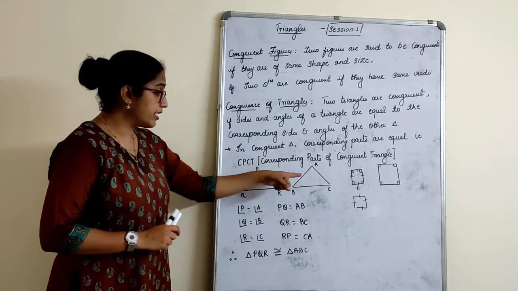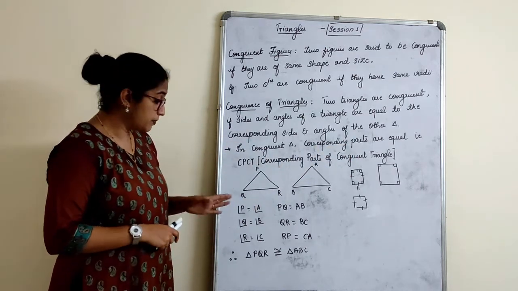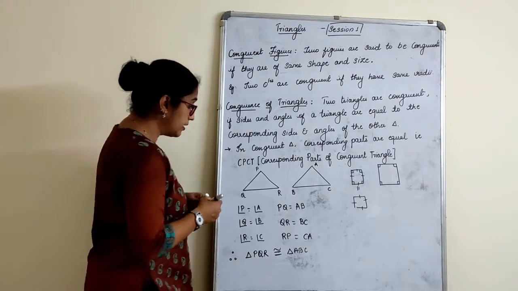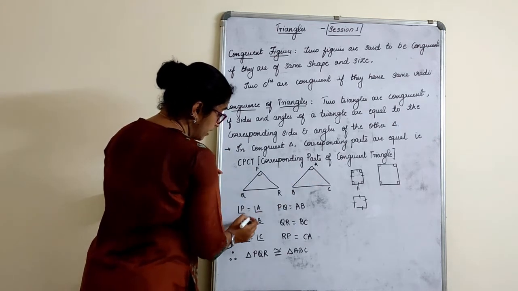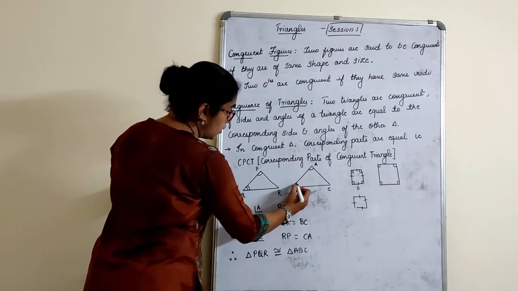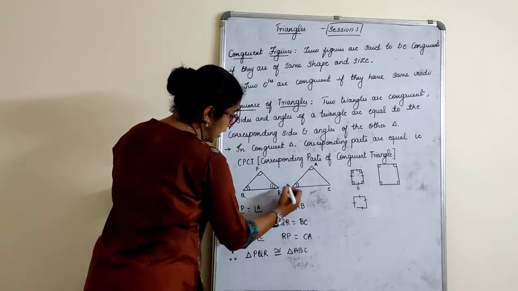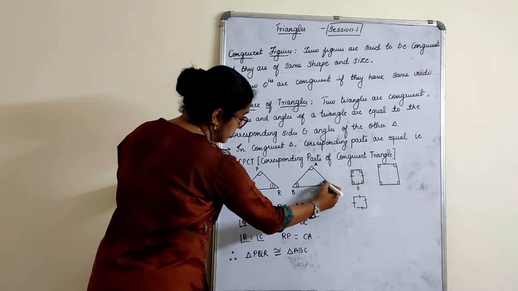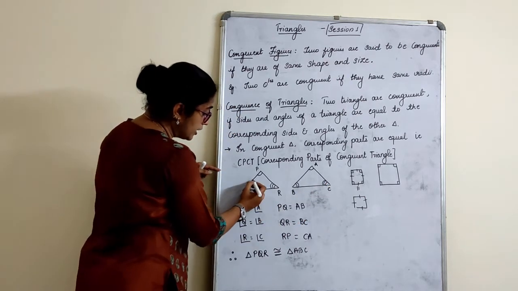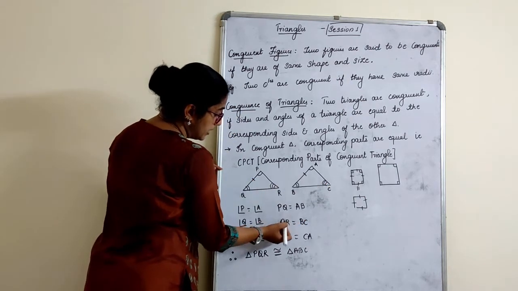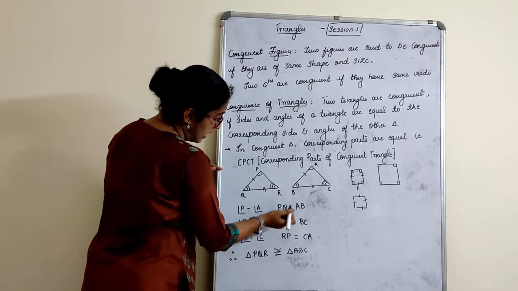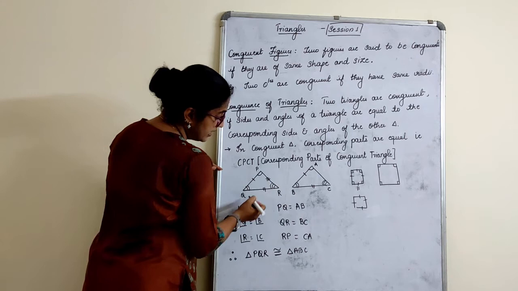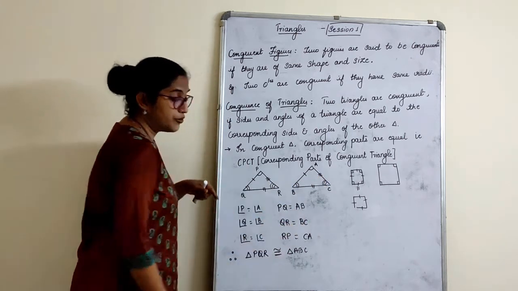Suppose I have two triangles ABC and PQR, and if I talk about the angles, angle P is equal to angle A, angle Q is equal to angle B, angle R is equal to angle C, and PQ is equal to AB, QR is equal to BC, and RP is equal to CA, right?